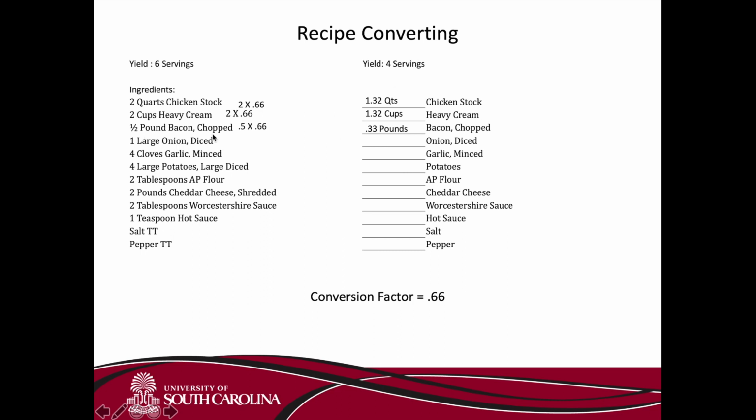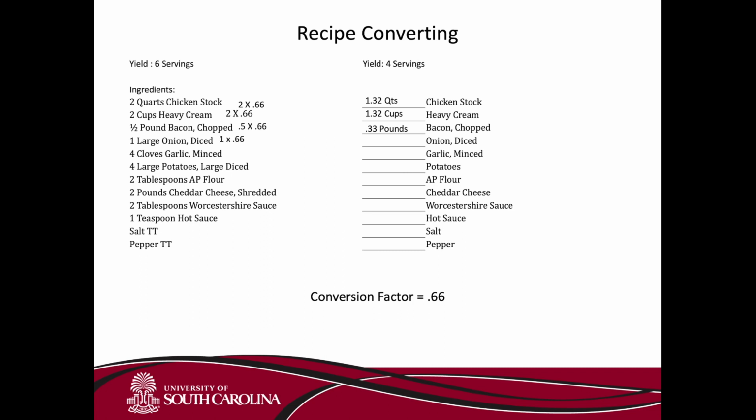1 large onion. Now, sometimes you'll see recipes like this, where they don't give you exact amounts in cups and ounces and pounds. What it does is it says you need a whole onion, like this one does, or like the next part where it tells you how many cloves of garlic that you need. And that's okay. We can still do conversions on amounts like this and on products like this.